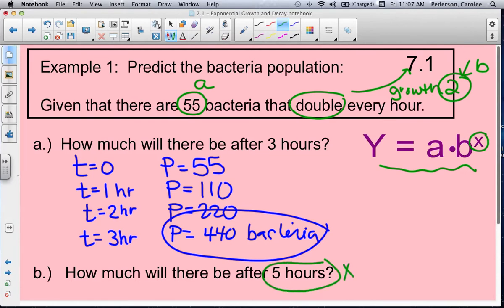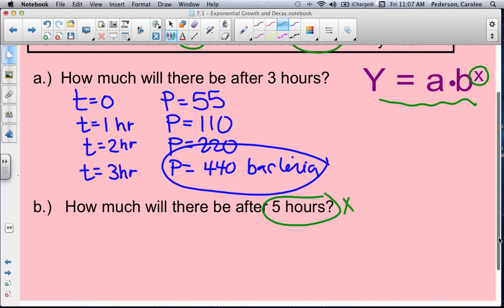So let's go ahead and substitute into this purple formula. Y is our ending amount of our population of bacteria. Our initial A was 55 bacteria. Our growth rate multiplier, we're doubling it, so it's times 2, raised to how long we're doing this for, 5 hours. Now think back to when we were evaluating expressions.